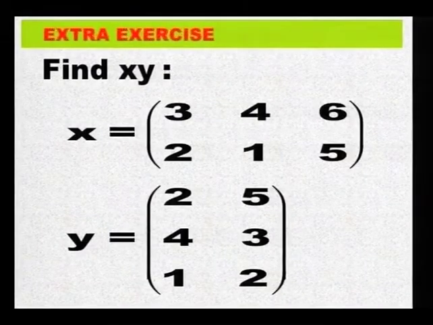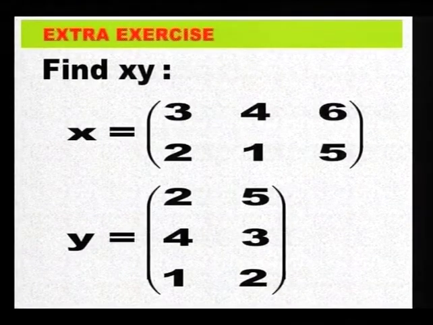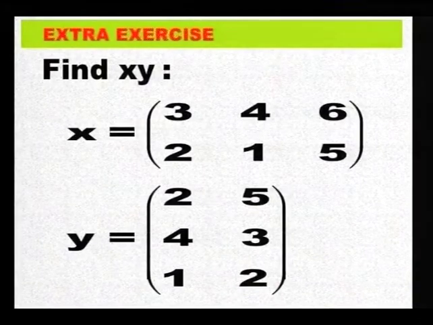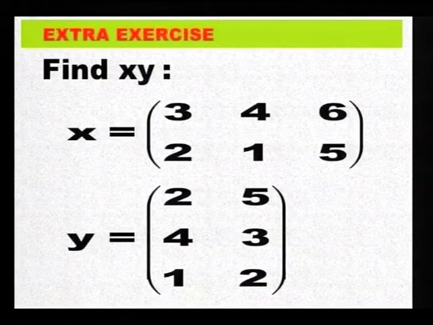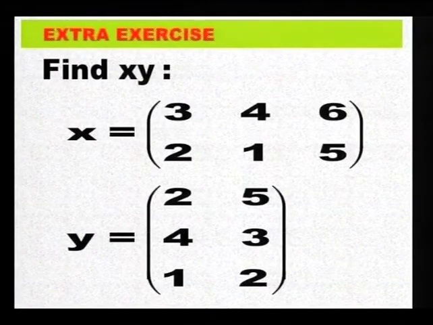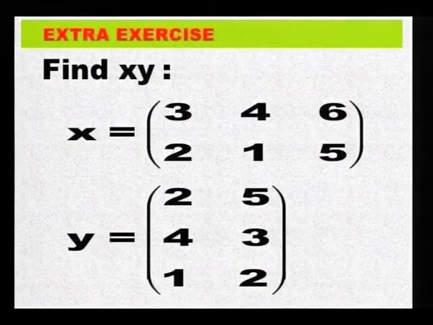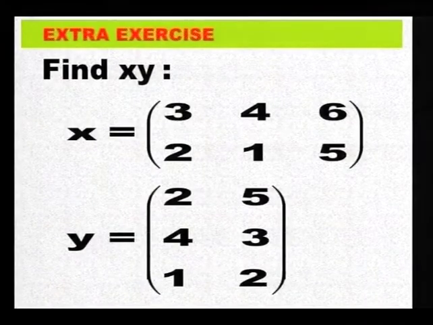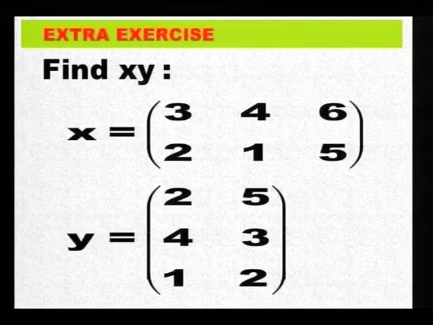Okay, one more. You can multiply like this. It's good, yeah. It should have been 3. 2 by 3 and 3 by 2.